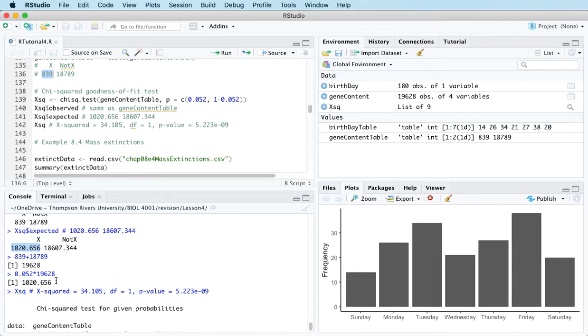So there's significantly fewer genes on the X chromosome in humans than would be expected if that null hypothesis was true. So there we go. That's an illustration of how a chi-squared goodness of fit test works when we just have two categories. Okay, so in this video I've covered the chi-squared goodness of fit test for frequency data.